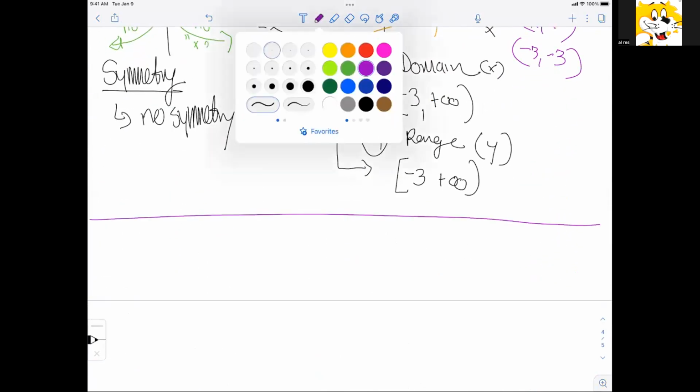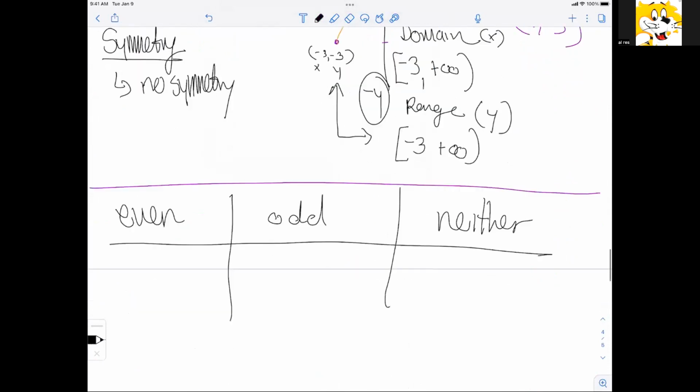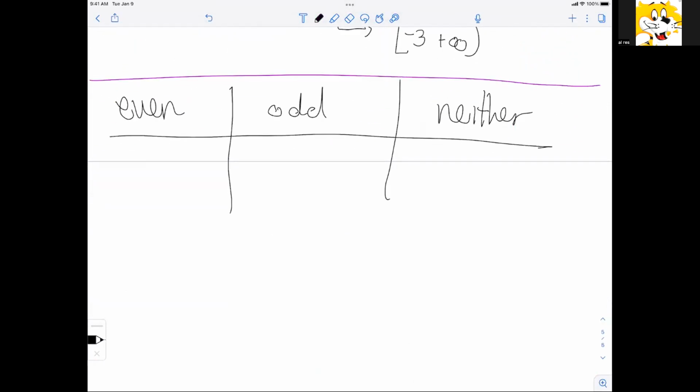So you also need to understand even, odd, or neither. In order for us to test whether the function is even, we have to get the same function back.